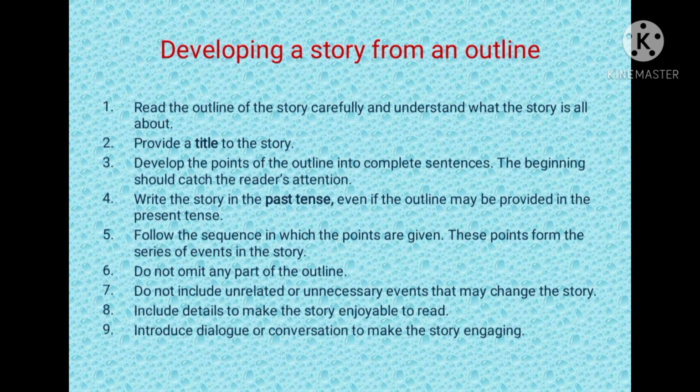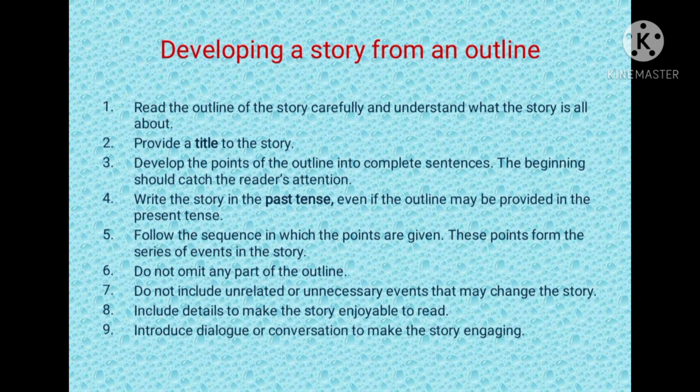The beginning should catch the reader's attention. Number 4, write the story in the past tense, even if the outline may be provided in the present tense. Follow the sequence in which the points are given. These points form the series of events in the story.